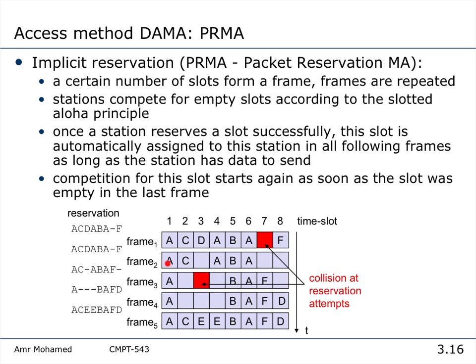So there should be no collision here, no collision here, no collision here, okay? Only here I may have transmission, I may have collision. So only this is the one that will be available for contention. Clear? But all the other frames should have no collision whatsoever.